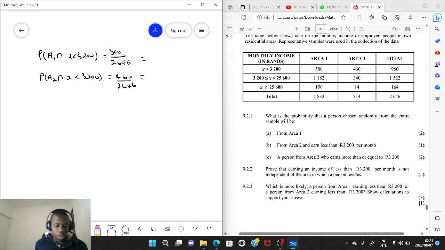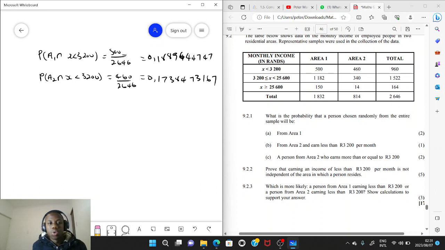Now let's look at these values. We know that 460 over 2646 is 0.1738473, and for the first one, it's 0.18896444747. Looking at the first one, the first probability is greater than the second one.